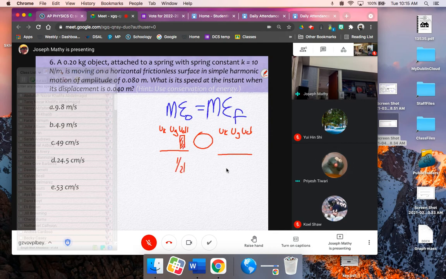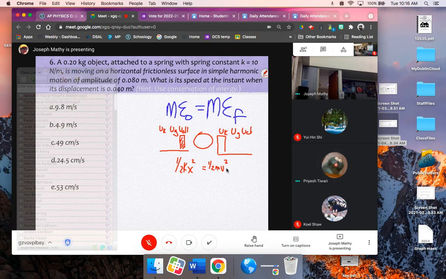What does it become? It becomes kinetic energy. There we go. So it's asking, what is its speed at the instant its displacement is that? We're not at the amplitude here.